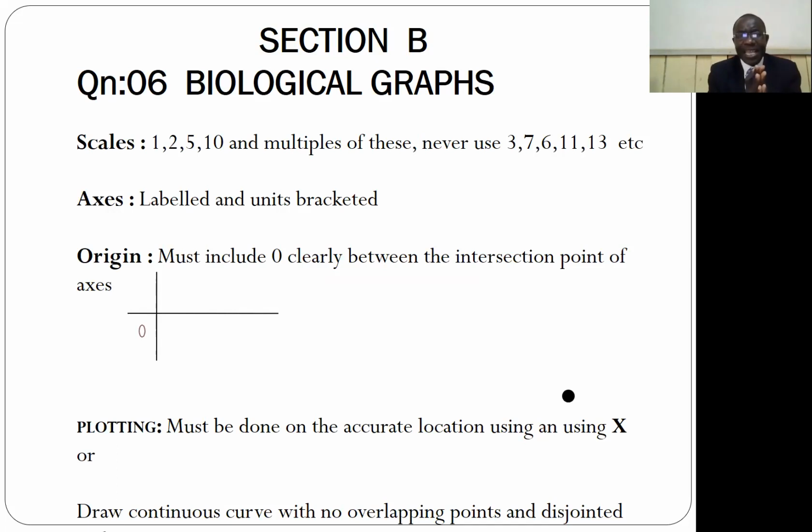Section B has a biological graph question, where a candidate will be required to draw a graph. Anybody can draw a graph. You draw graphs in other subjects like maths, geography, and so on. Even chemistry, there are graphs.